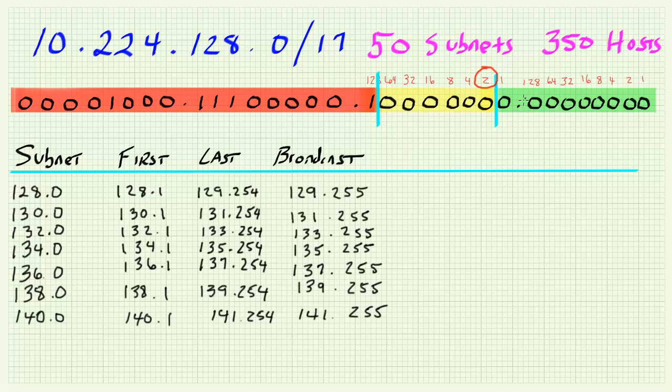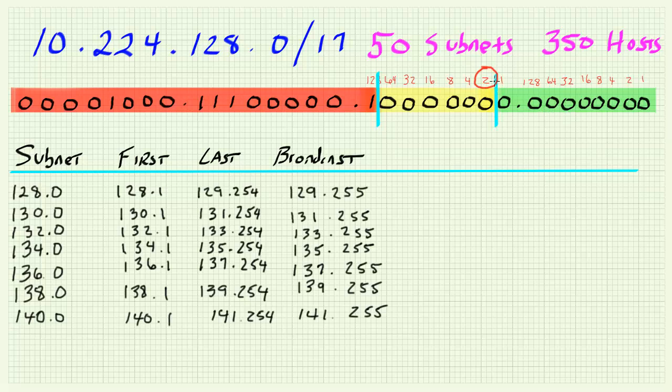From this line to the right, then we can allocate these remaining bits as either subnet bits or host bits, and we chose to take the first 6 of those bits and declare that they be subnet bits to give us sufficient bits to derive the 50 subnets that we were required. We actually could get 64, 2 to the 6th, the 64. And then we have the 9 host bits.